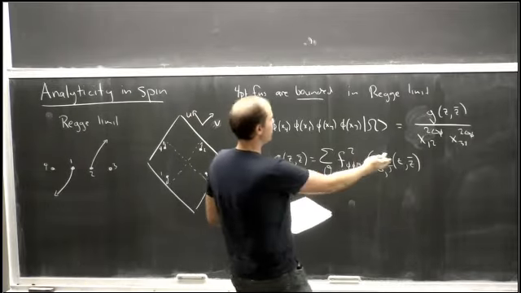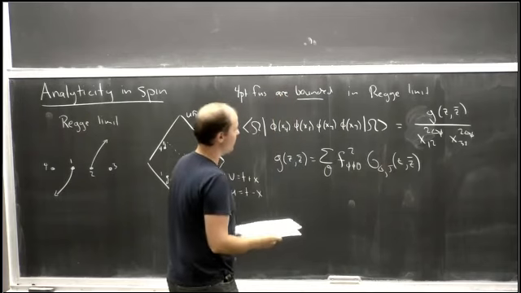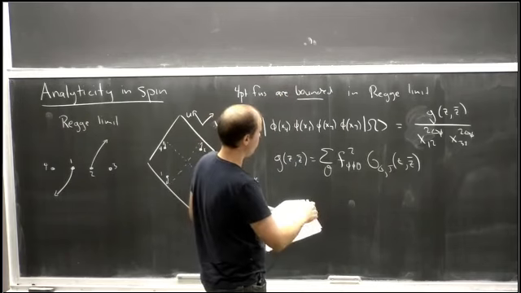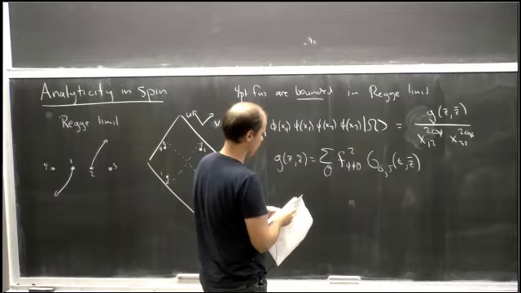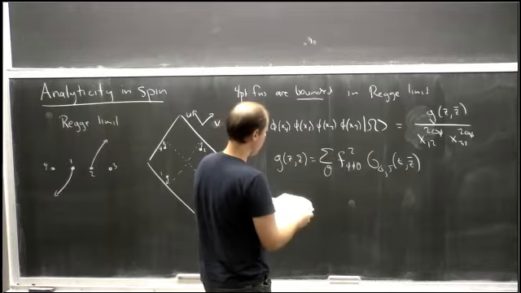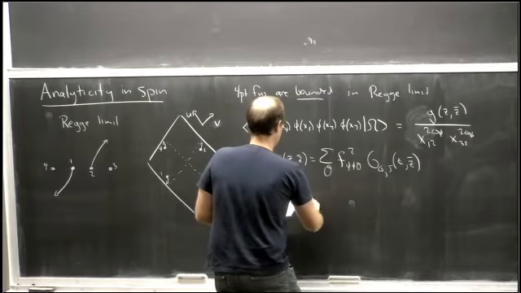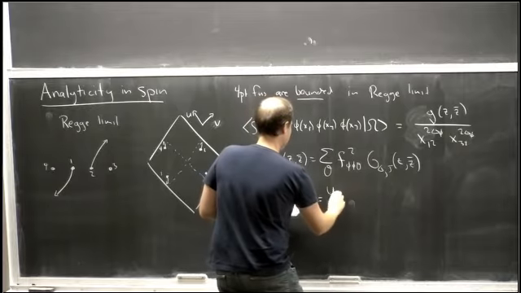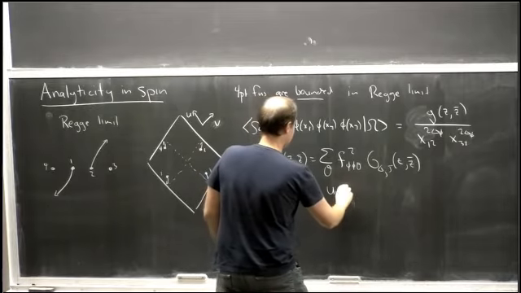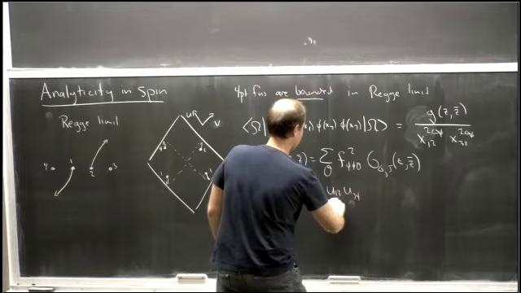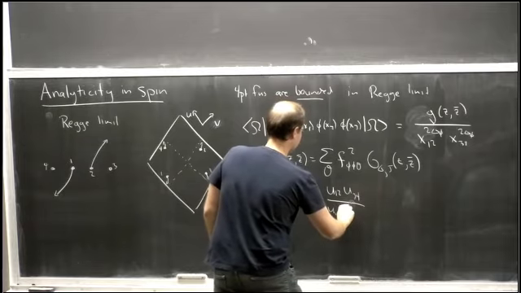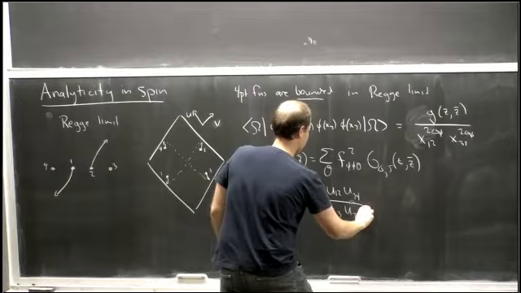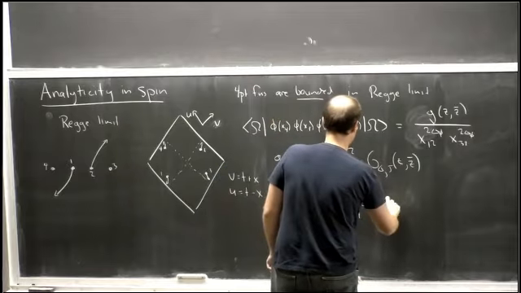And these cross ratios, after I put the 4 operators on the plane, can just be written in terms of the u and v coordinates of the operators. So z is u12, u34 over u13, u24, and z bar is the same thing with v's.